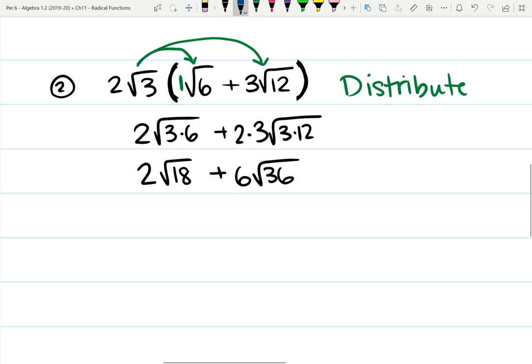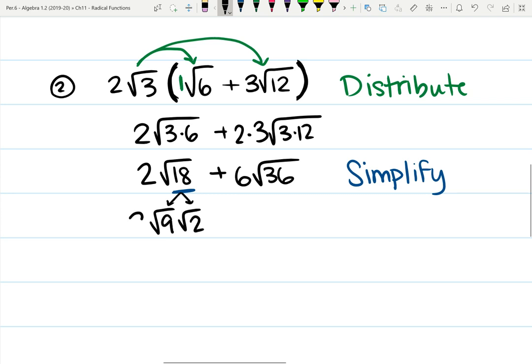Next thing I want to do is I want to look to see if I can simplify anything, right? So again, we're looking inside the square roots, inside the radicals, to see if we can break this apart. I'll look at the first one here. I have radical 18, and I can split that. That's going to split into radical 9 and radical 2. And this 2 hanging out front, I'm going to bring it down. Don't forget about those numbers in front.